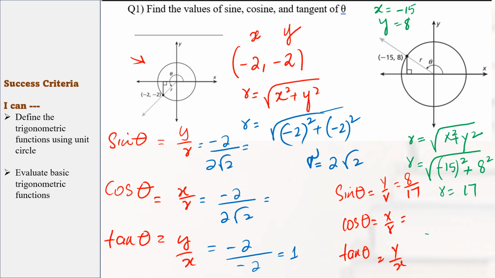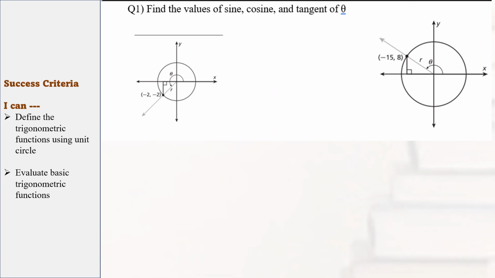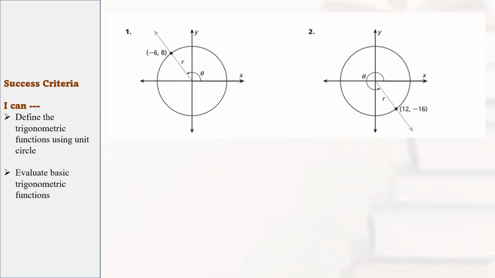X over r means -15 over 17. Y over x means 8 over -15. We can write it in the calculator to get the simplest form of the answers. So I hope that all these questions are clear to you. So let's solve one more question.